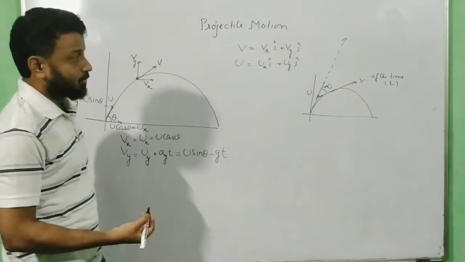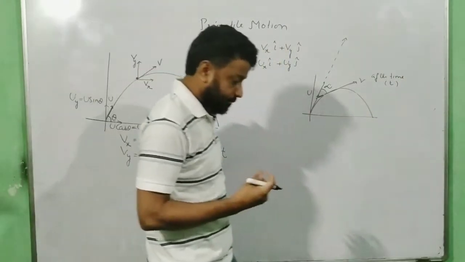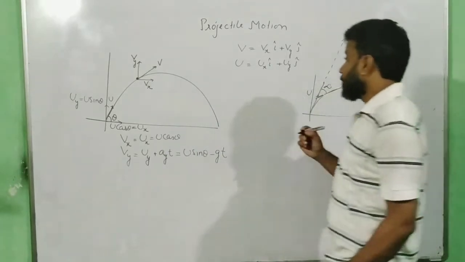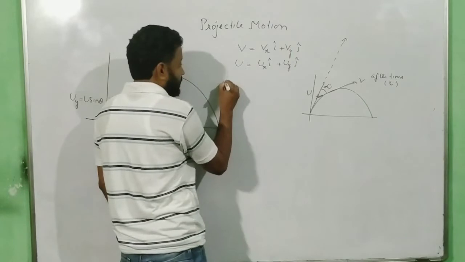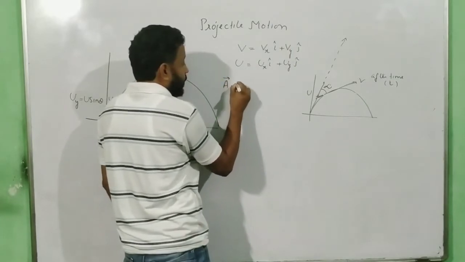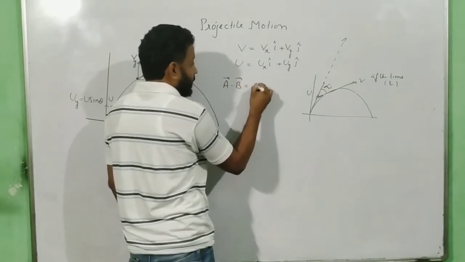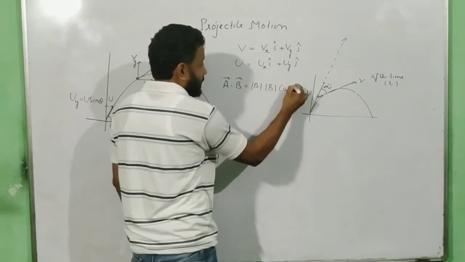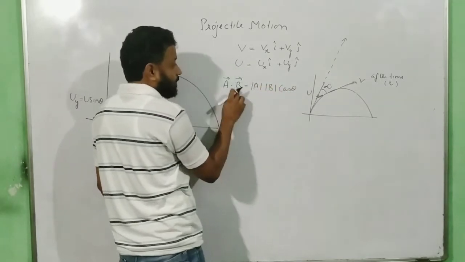How are we going to find the angle between these two vectors? The answer lies in the concept of the dot product. If you remember, the dot product concept says that a dot b is equal to a b cos theta, where theta is the angle between a and b.